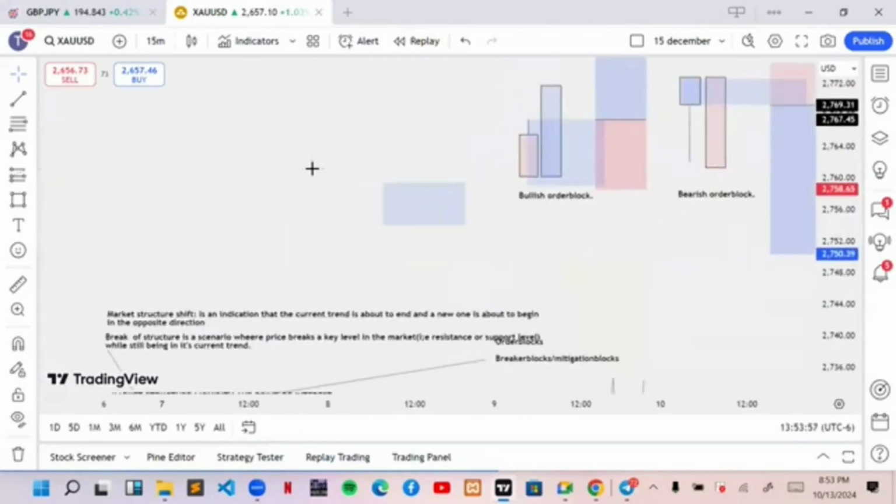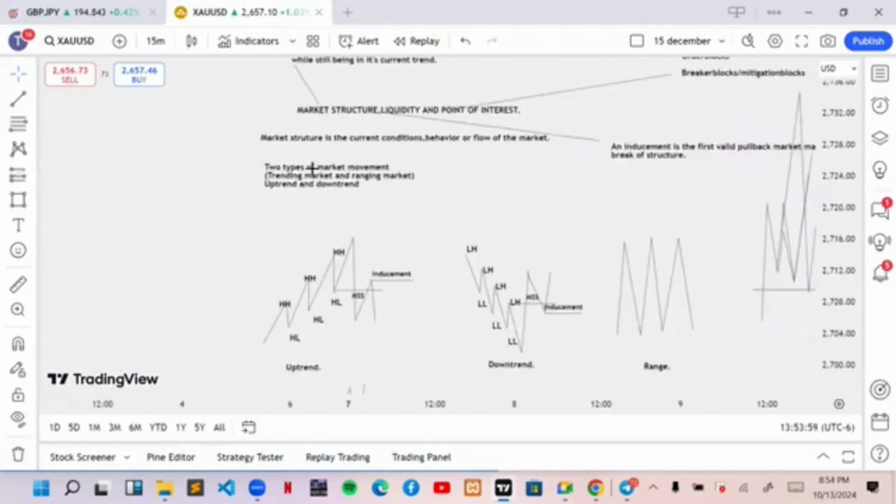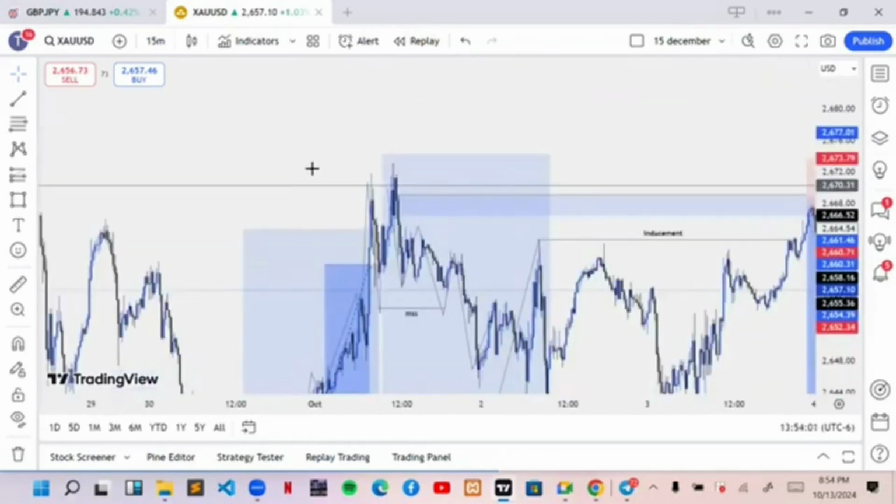Now we start to implement charts. So let me go to one setup.